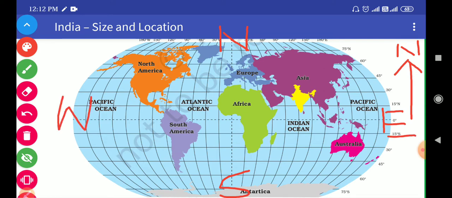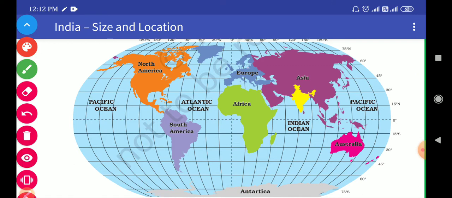So in this way we have understood the 4 directions on the map. And remember, these 4 directions will be the same in any map of the world or country.